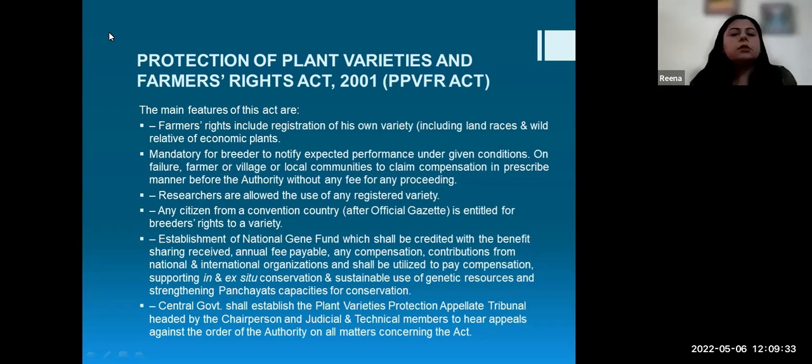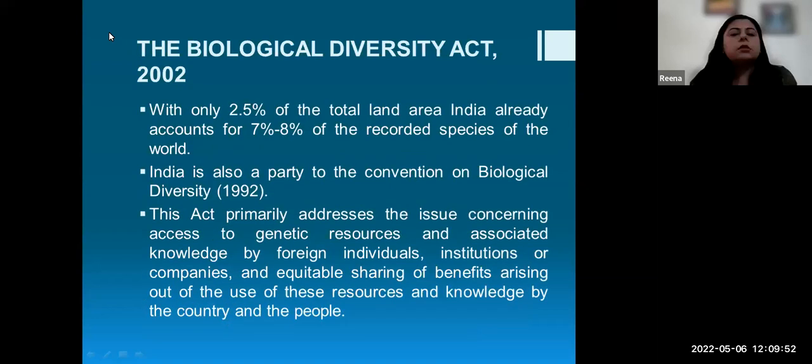Okay. Then the Biological Diversity Act came into picture in 2002, because the land area we recorded in India accounts for 8% of the recorded species of the world. So it is very pertinent for our country to ensure that whatever biological diversity is left in this 2.5% of the total land area, it is preserved in the best of spirit.